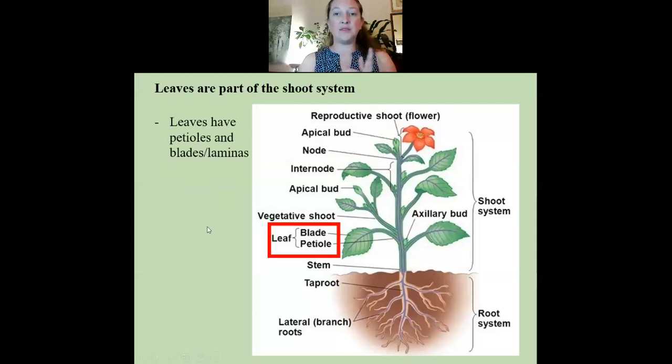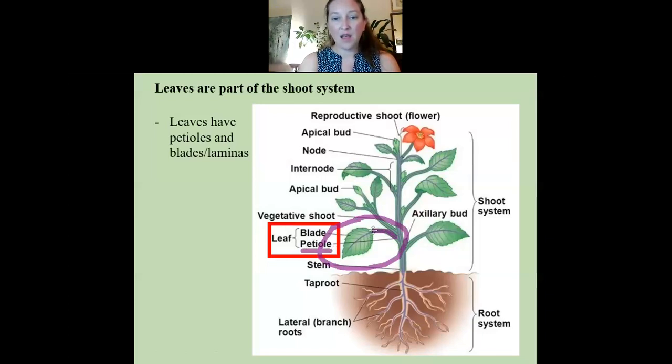And the leaves have, in terms of their external form, there's really two main parts. There is the petiole and the blade, or what you can also call the lamina. They're the same word. So I'll use purple, right? So here is a leaf. The stem part of a leaf is what's called a petiole.